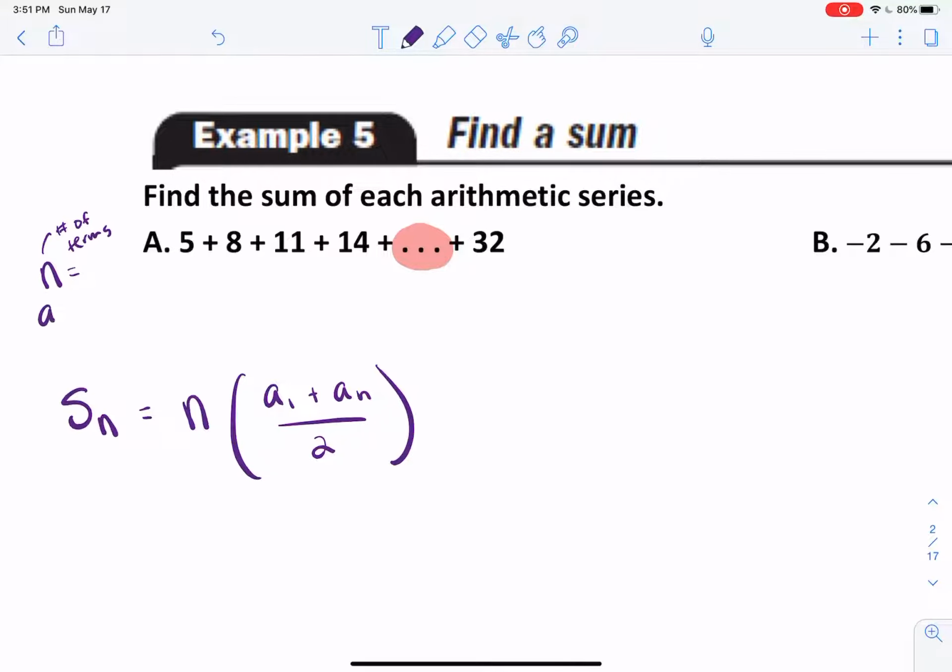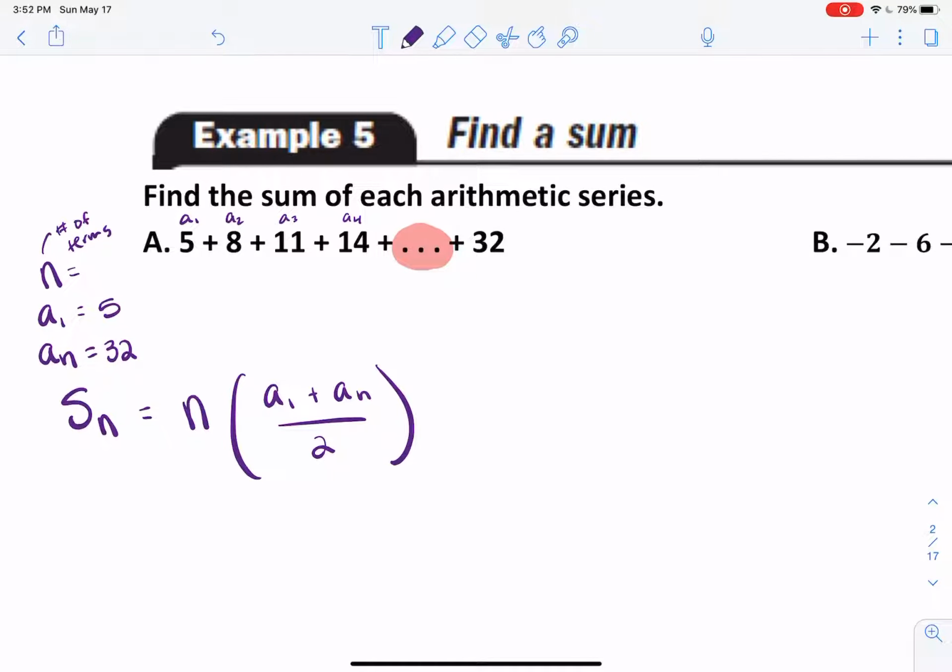Then we need our first term and our last term. We know our first term, that's 5, and we know our last term, that's 32. 5 is our first term, 8 is our second term, 11 is our third term, 14 is our fourth term. So how many terms are there? We're going to figure that out.